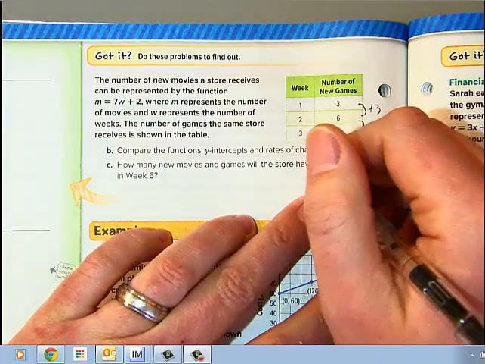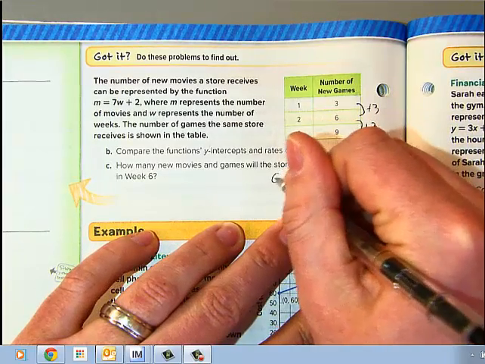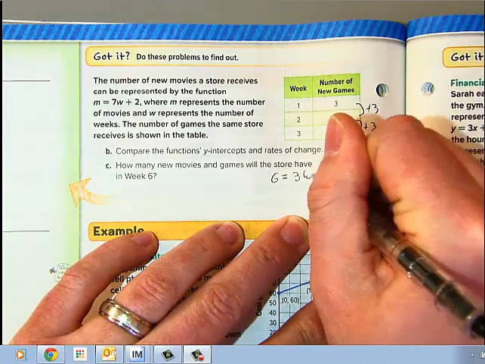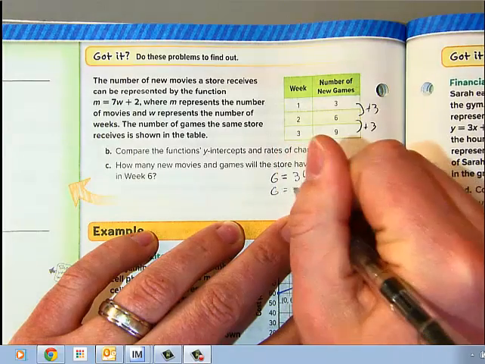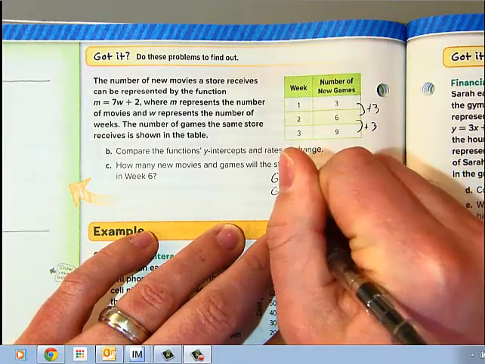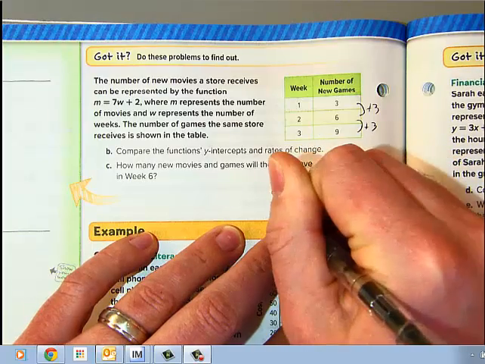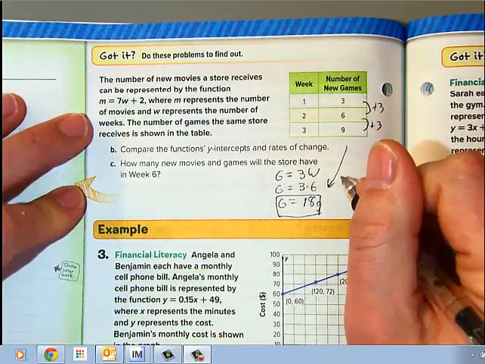Or what would the equation be for games? We would have G games equals 3W, 3 for each week. So to figure out the number of games each week, you have 3 times 6. So the number of games there would be 18 games for this place after 6 weeks.